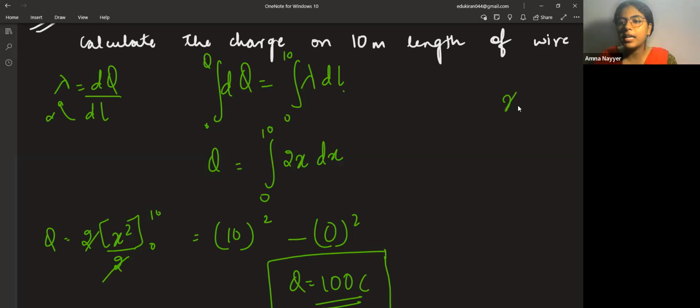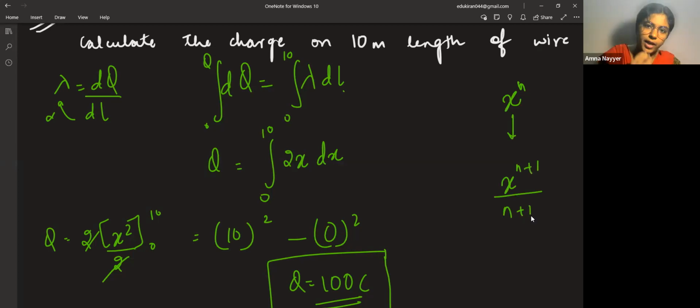Whenever you are having x to the power n, this becomes x to the power n plus 1 divided by n plus 1. Fine. So here the power is 1, x to the power 1. So that became 2 divided by n plus 1, that is 2. And we already had this 2.